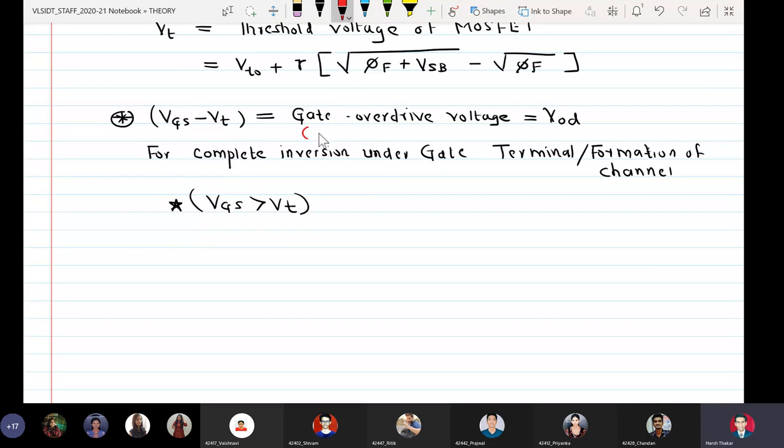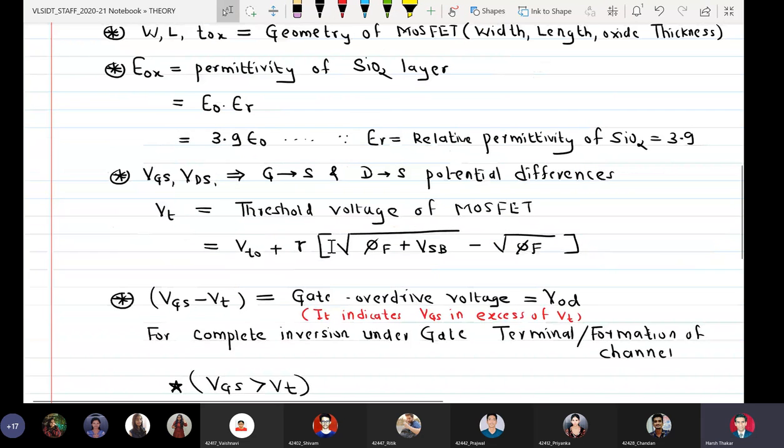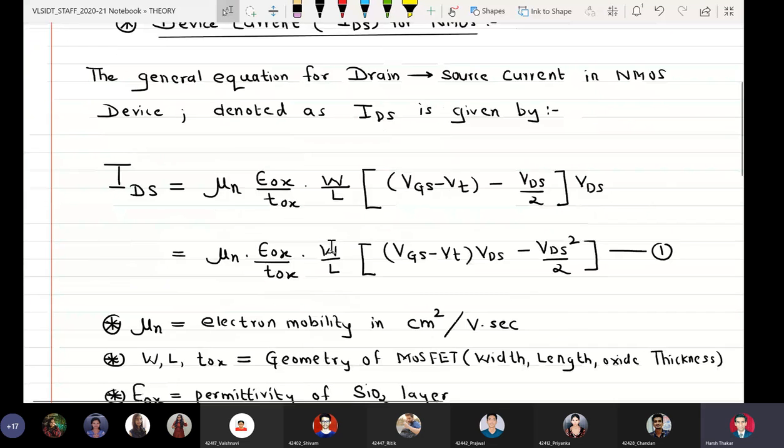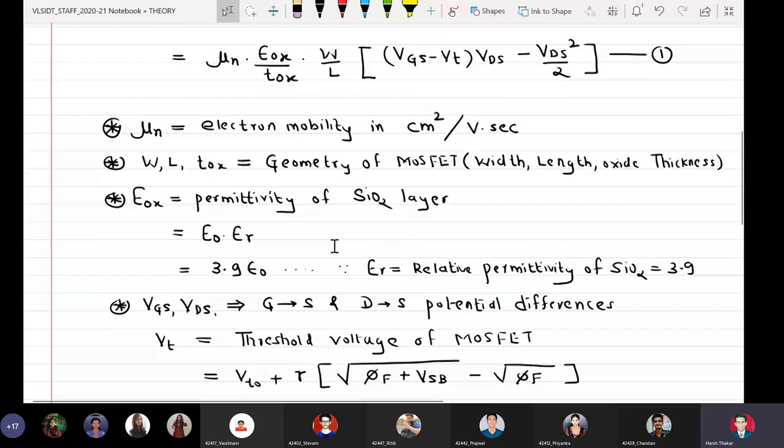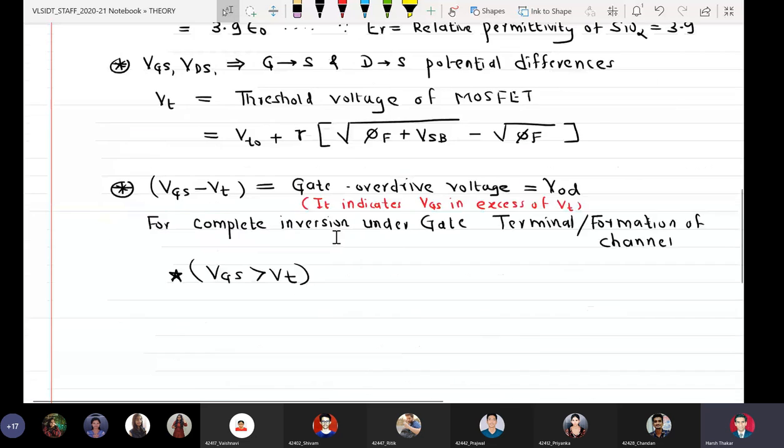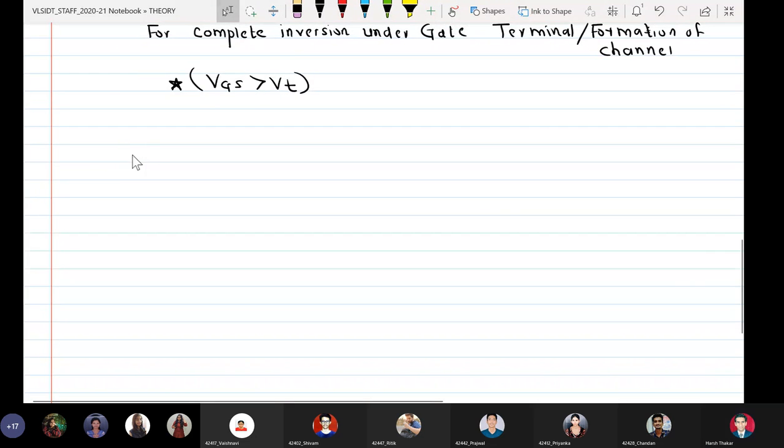Why? Because it indicates VGS in excess of threshold voltage. So gate overdrive voltage. Now we again come back to equation number 1 and we have to combine some terms now. Okay.